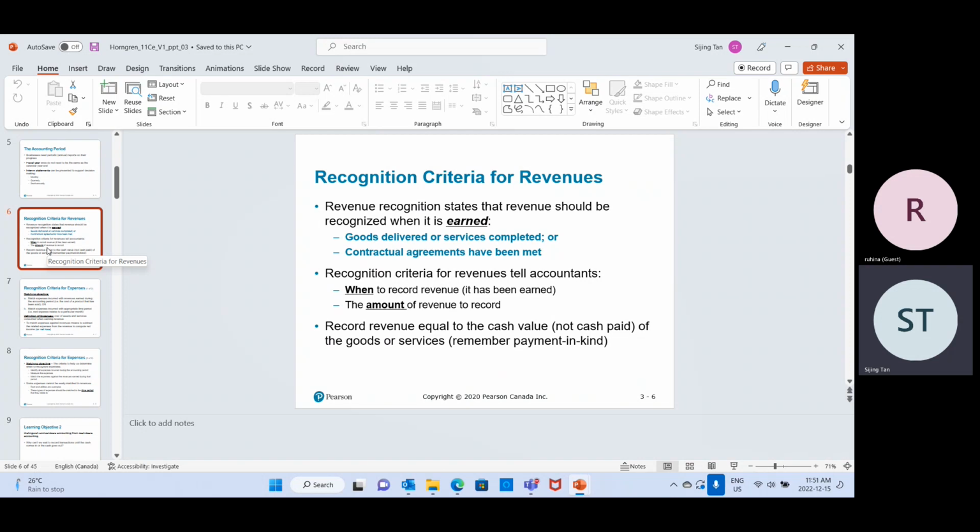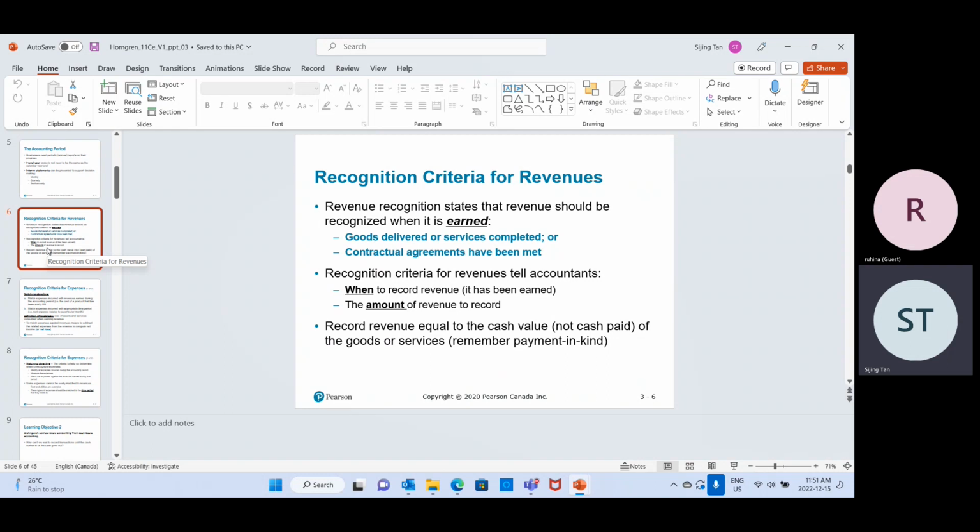So according to the revenue recognition criteria, when should the doctor recognize the revenue? December or February? You have to make sense of it. If the doctor has delivered the completed services, yes. When did he deliver the services? December, right? So according to our revenue recognition criteria, if the goods or services have been delivered completely, then we need to recognize the revenue. So in this example, the doctor performed 3 successful surgeries in December.